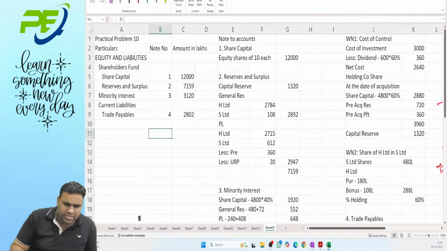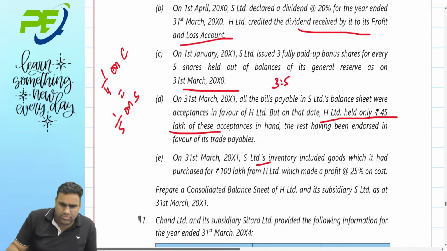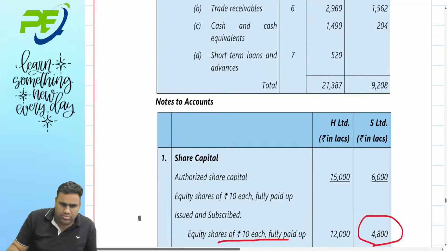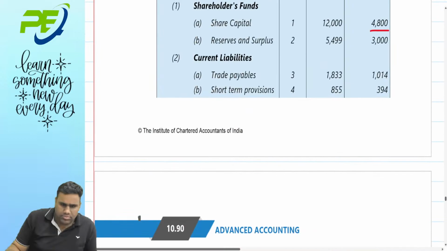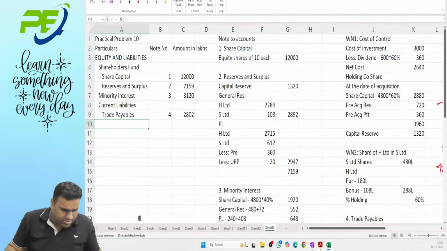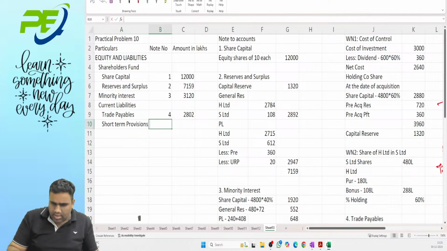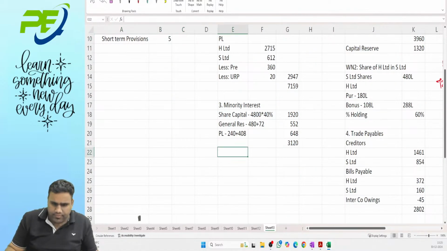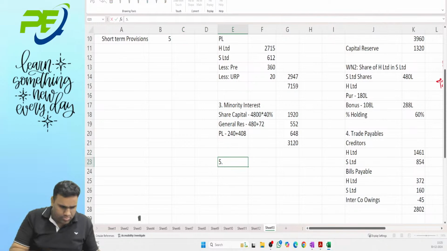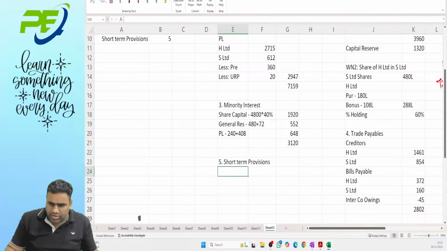After trade payables, next item: short-term provisions, note number 5. Again H Limited and S Limited.